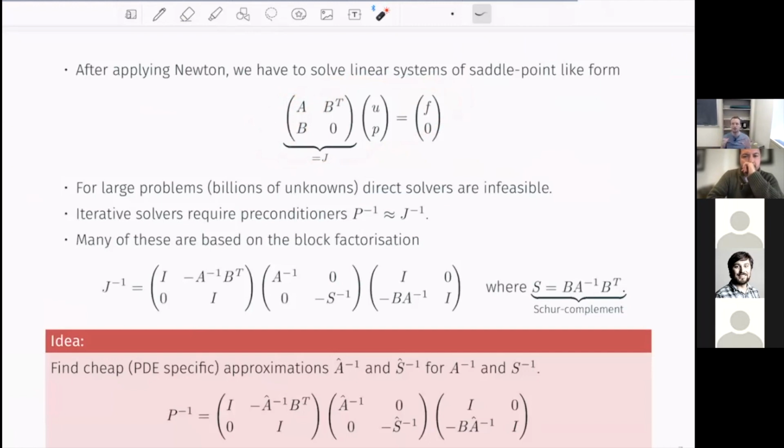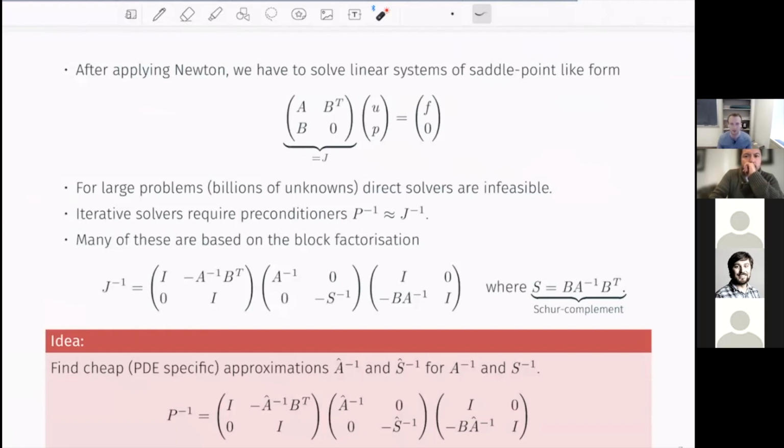And solving saddle point systems is usually pretty hard, especially when you have a huge number of degrees of freedom. What we're thinking here is hundreds of millions or billions of unknowns.